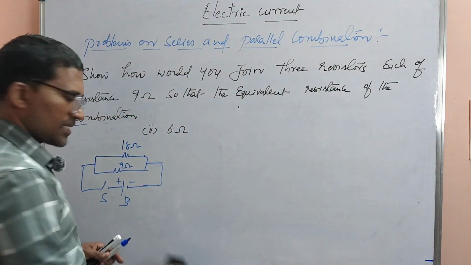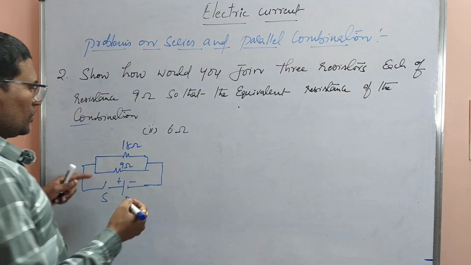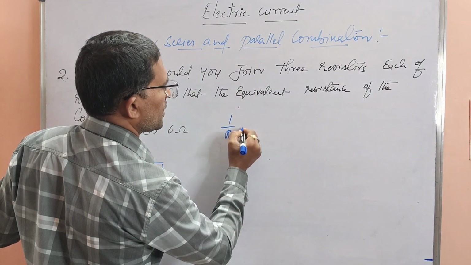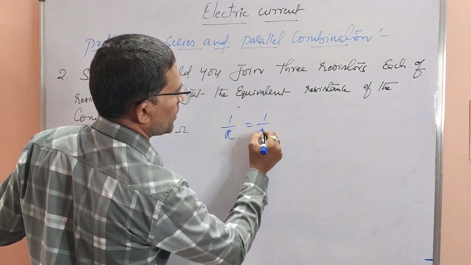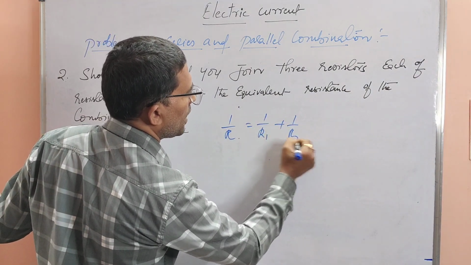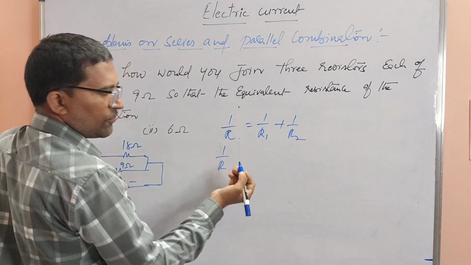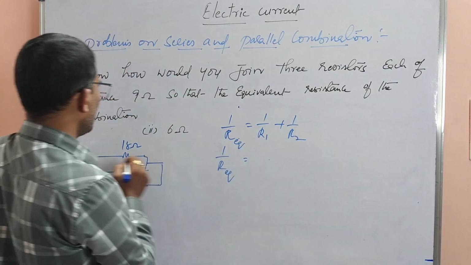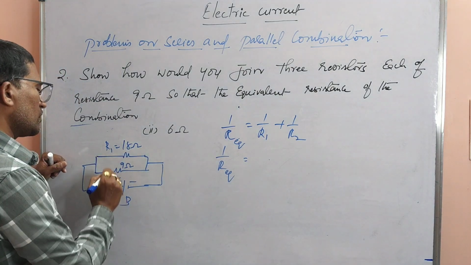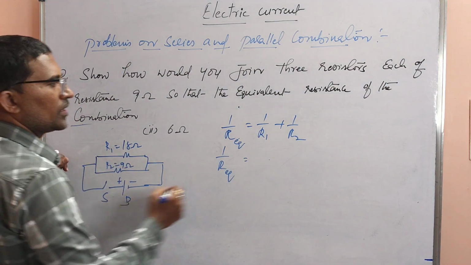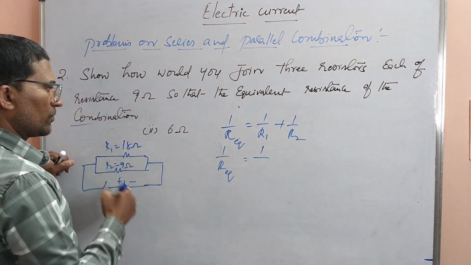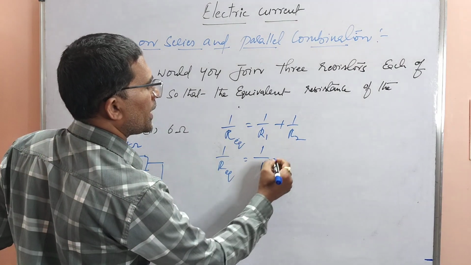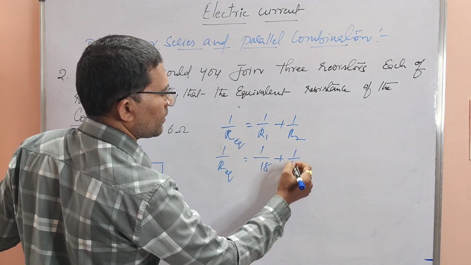Now for this case, these two are in parallel. 1 by R equivalent is equal to 1 by R1 plus 1 by R2. Consider this one as R1, which is 18 ohm, and this one as R2, which is equal to 9 ohm. So 1 by R1 is 1 by 18 plus 1 by R2 is nothing but 1 by 9.